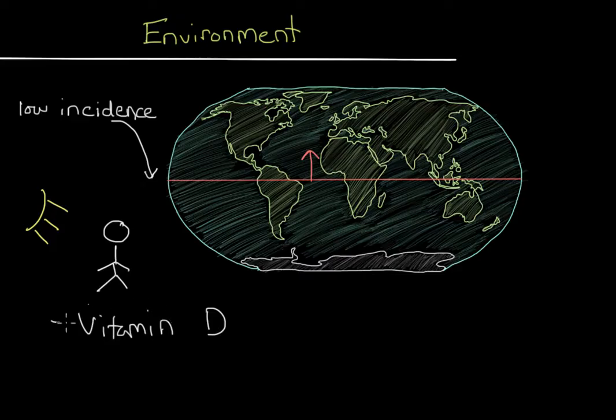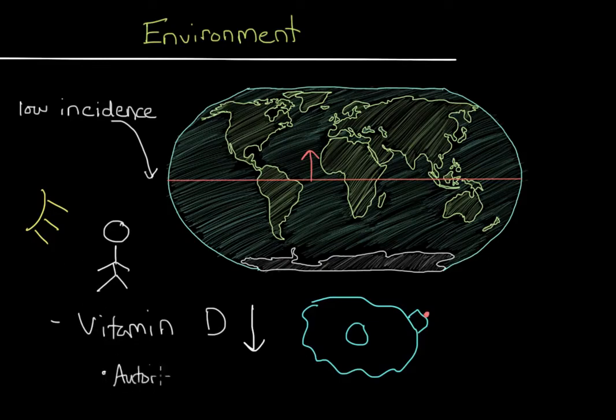Well, vitamin D is thought to be involved in regulating the immune system. So a lot of immune cells, like let's say you have a T cell over here, may have a receptor for vitamin D as well. So maybe you have vitamin D here in red, and it's bound to this receptor of this T cell. And when you have a deficiency in vitamin D, it's thought that this can lead to autoimmunity.